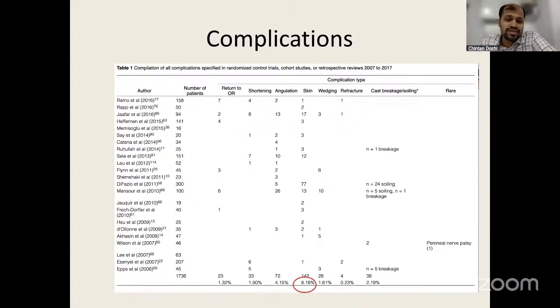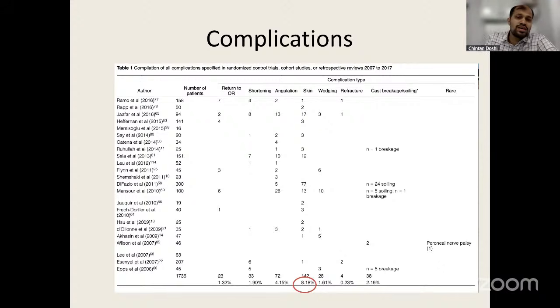So if the spica is maintained well by parents, hygienically maintained well, then those that are soiled with urine or stool would have skin excoriation or skin ulcers. But if it is maintained well and the edges are well padded, then usually these complications are very well taken care of. The other complications of shortening or angulation or need for wedging, or the chances of refracture, are very few, almost less than 1%.